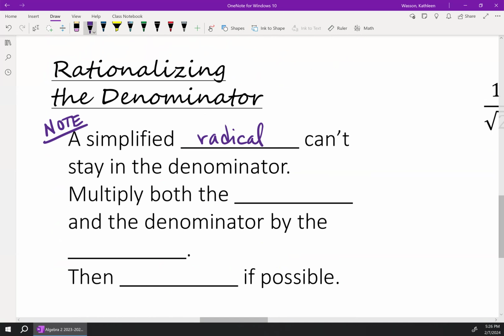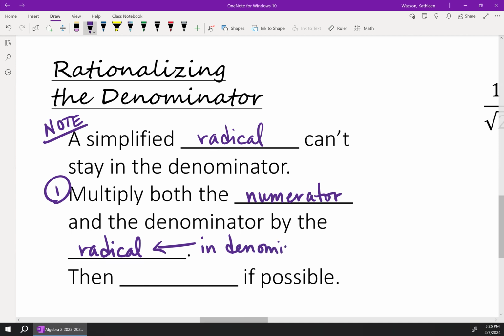So first, we'll multiply both the numerator and the denominator by that radical. And I mean the radical in the denominator. And then you simplify if possible.